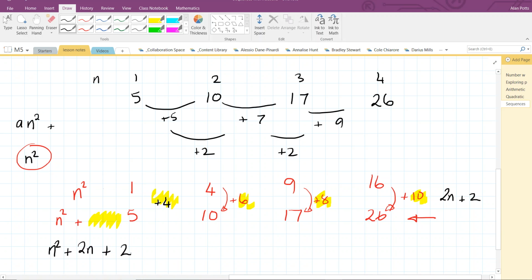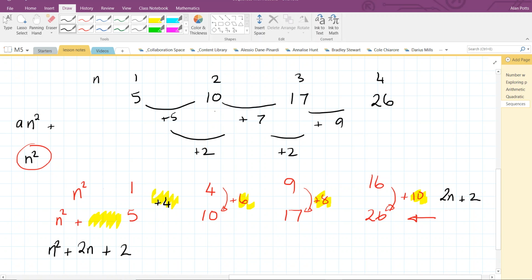All right? Make sense? It's at the difficult end of what we've been doing. So you might need to take a moment to think it through.